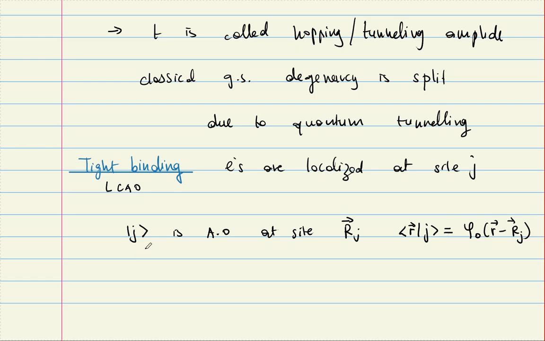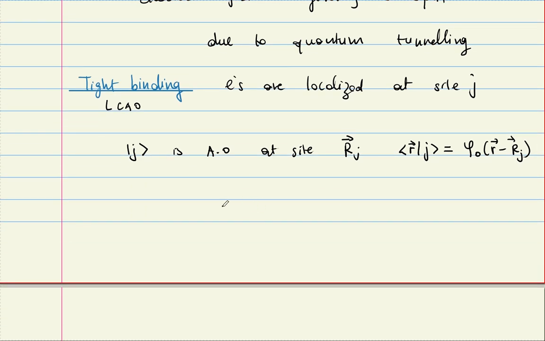Now this is our starting point, but the states we write have to obey the Bloch symmetry, right? Translation symmetry is not something you can give up. Whatever you write, it has to have that symmetry. And we can do that by considering, let me write and explain. And this is very generic.